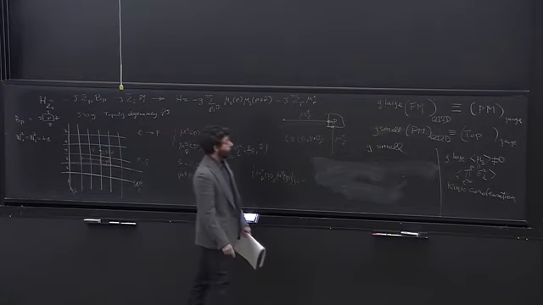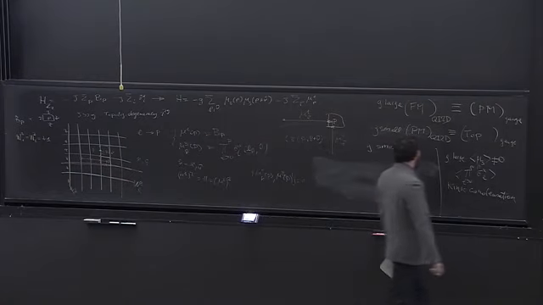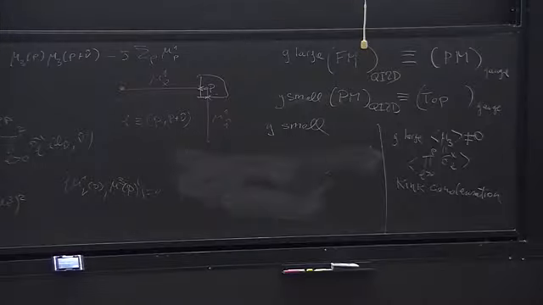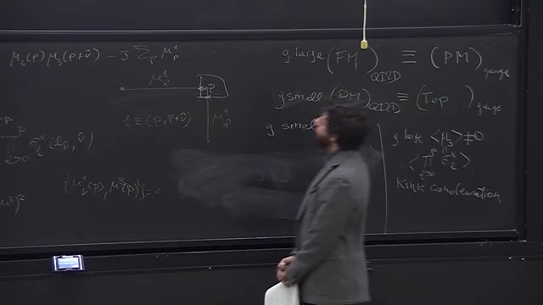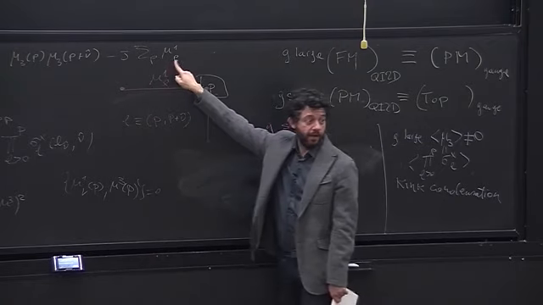So for G small, we are in the paramagnetic phase of the Ising model.